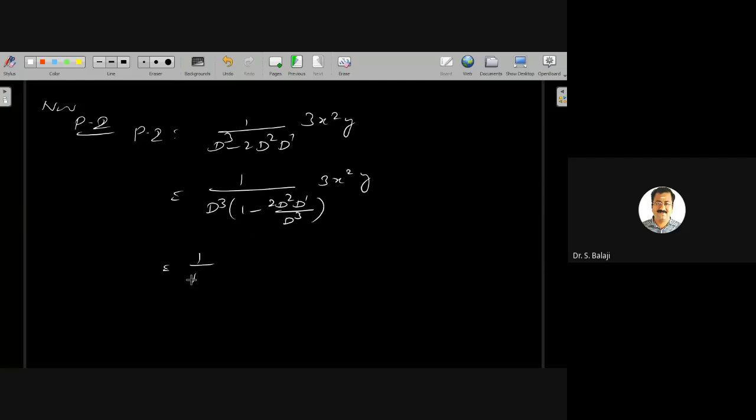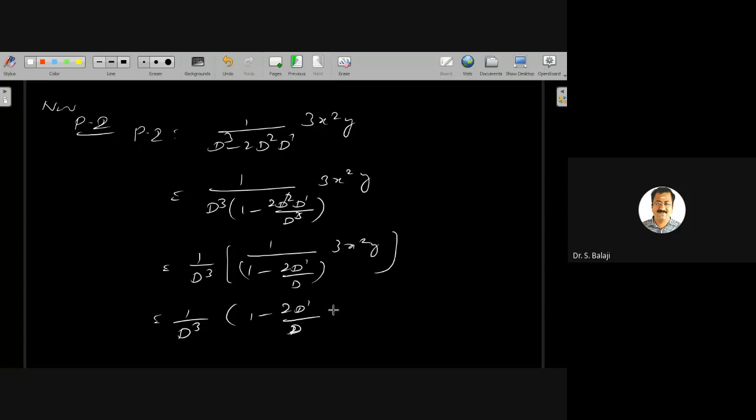Then you can get it as 1 by d cube, and d square gets cancelled here. Therefore, it will be 1 by d cube of 1 minus 2d dash by d, whole power minus 1, of 3x square y.